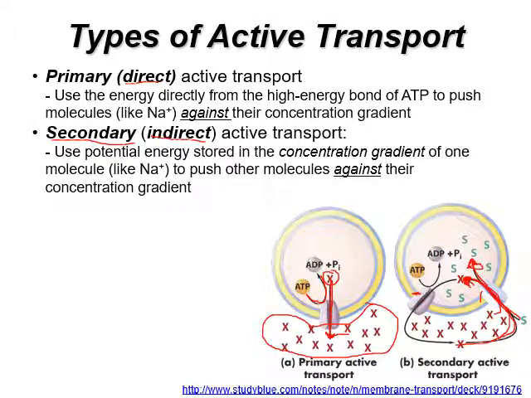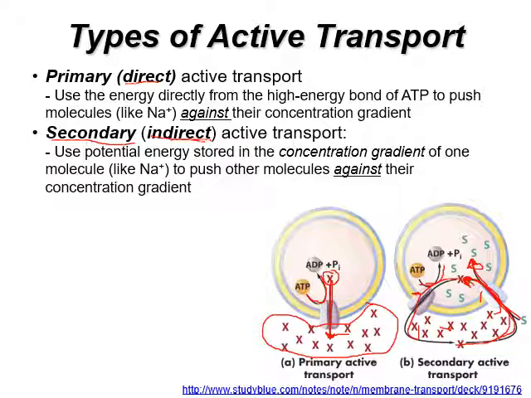Okay, we're taking X from low to high and we're using ATP. In a sense, even though secondary doesn't directly use ATP, it is still dependent on ATP because to make this gradient for X, we have to use ATP.